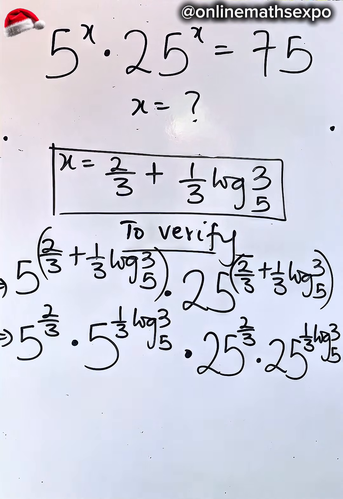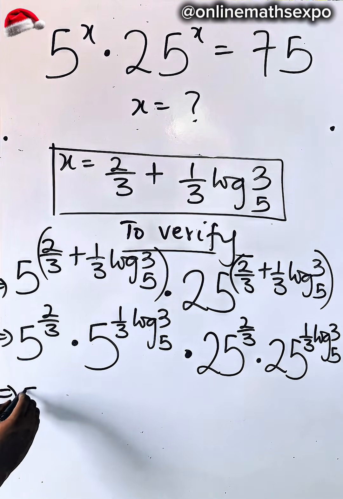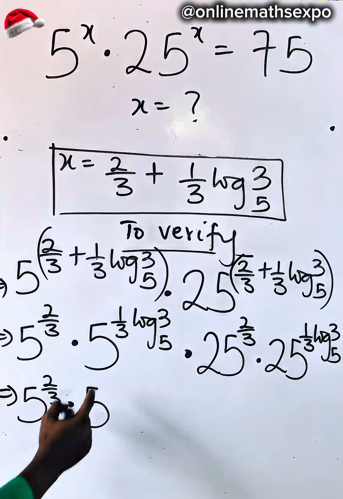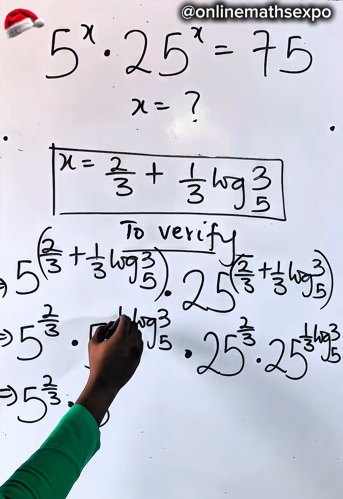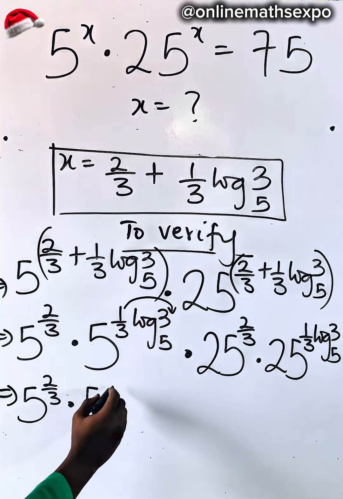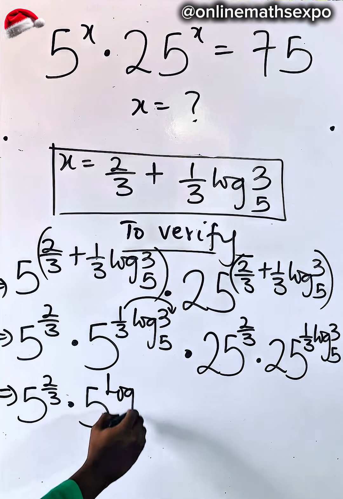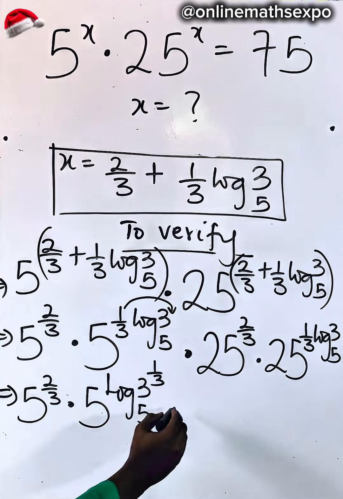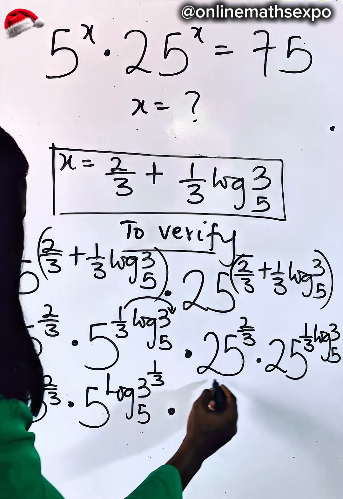And what do you do next? We keep simplifying. It's going to give us 5 to the power of 2/3 multiplies 5. Now remember, the coefficient of the log is the power. So it's going to give us log of 3 base 5. This becomes the power. Then multiplies by this 25.